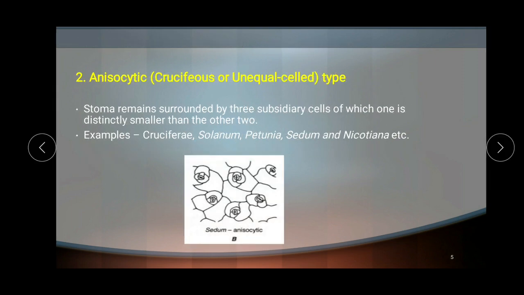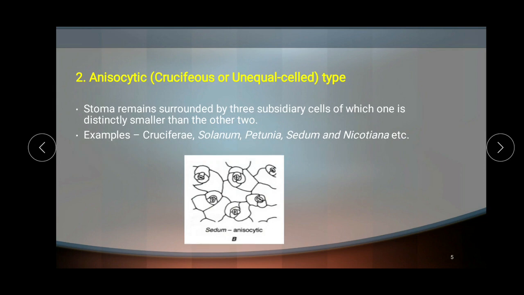Then the second type is called the anisocytic type. It is also called cruciferous or unequal celled type. As the name suggests, in this type the subsidiary cells are of unequal size. That means the stoma remains surrounded by three subsidiary cells, and out of these three, one is distinctly smaller than the other two cells.